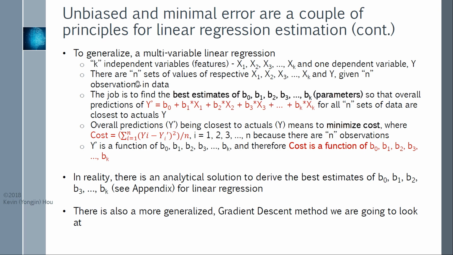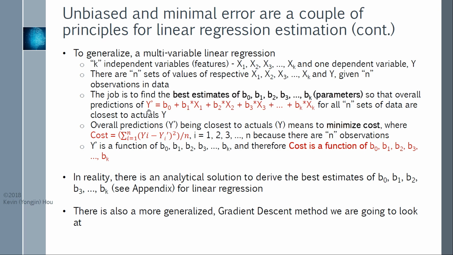There are n sets of values of the respective x1, x2, x3, all the way to xk and y, given there are n observations in the data. So the job to determine the best linear regression is to find the best estimates of coefficients b0, b1, b2, b3, all the way to bk. Basically, there are k plus 1 parameters to be determined.